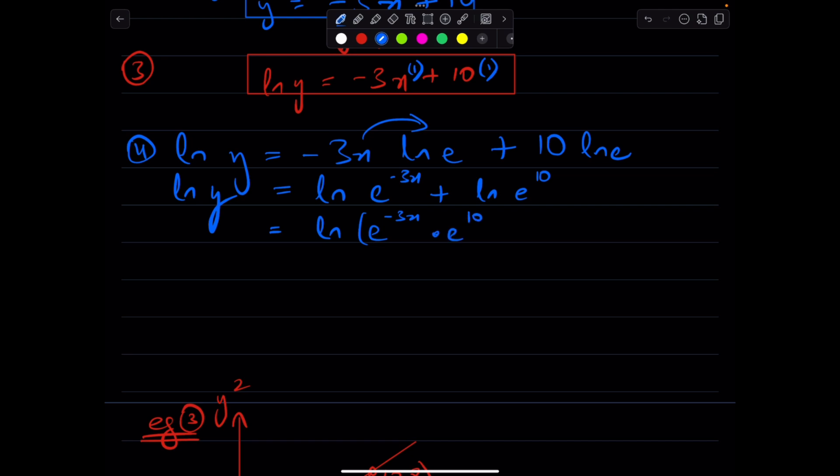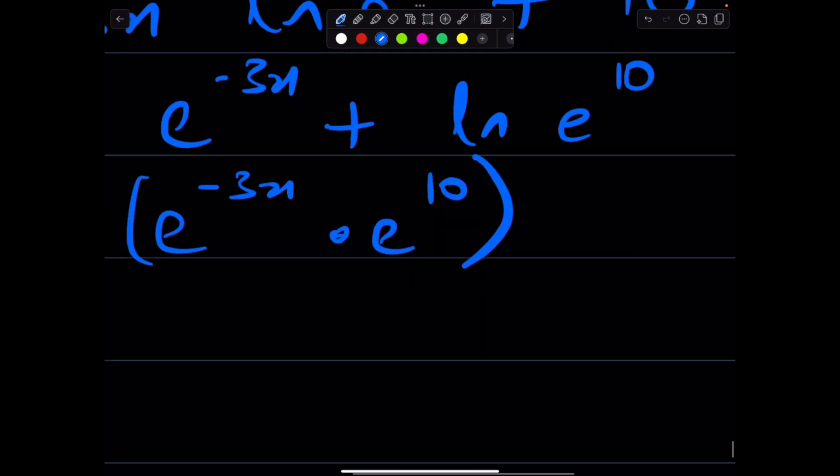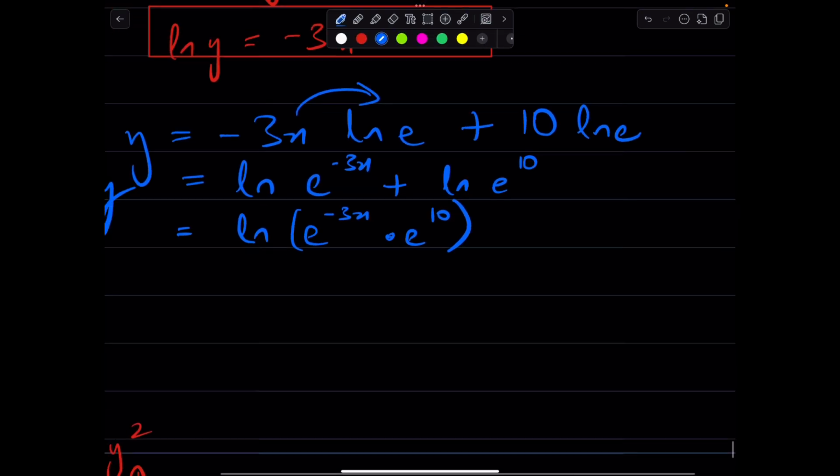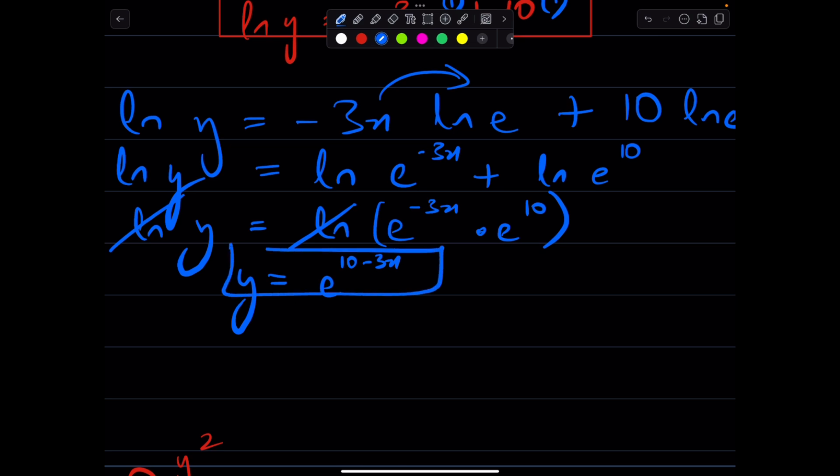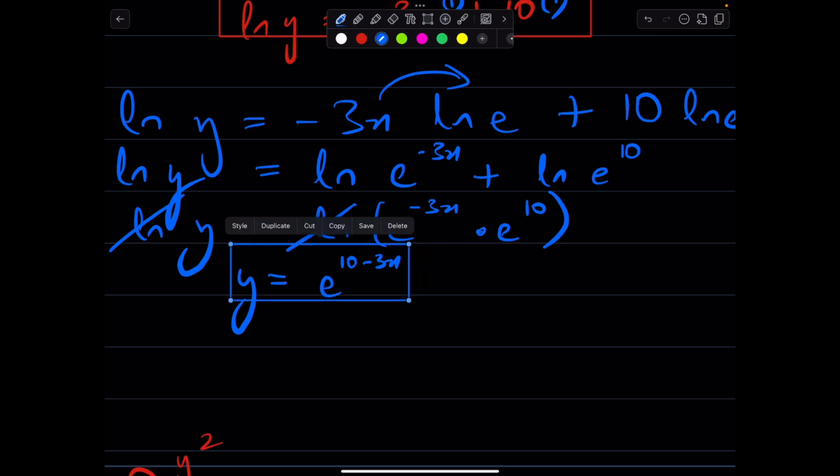So e power minus 3x multiplied by e power 10. When the bases are same and there's a multiplication sign in between, we add the powers. But before that, let's cancel out ln on both sides. So we have e exponent 10 minus 3x as our simplified non-linear equation.